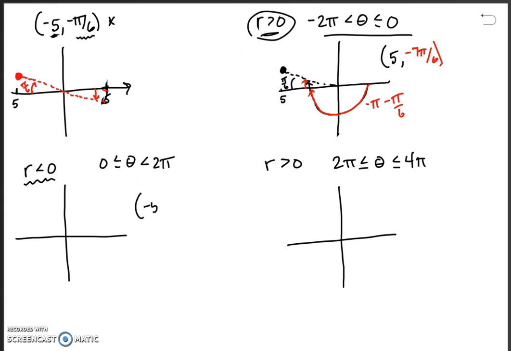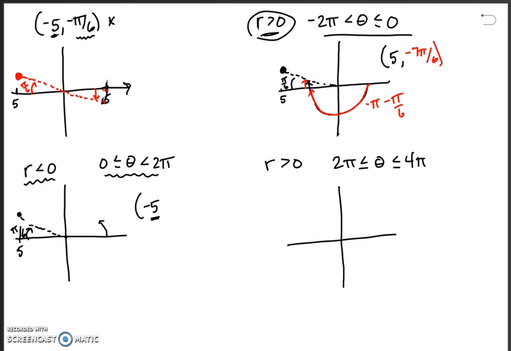Now in the next one, we want to have r be less than 0, so our r is going to be -5. And we want our theta to be between 0 and 2 pi. So that means that our rotation is going to go in the counterclockwise direction. Remember, we still want to end up right here, at 5, with an amount of rotation from the negative x-axis to be pi over 6.